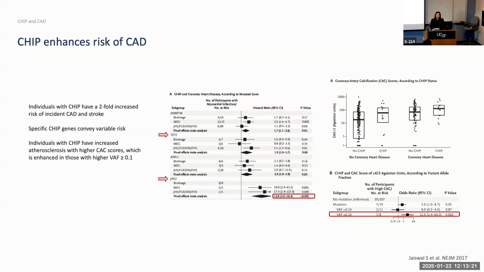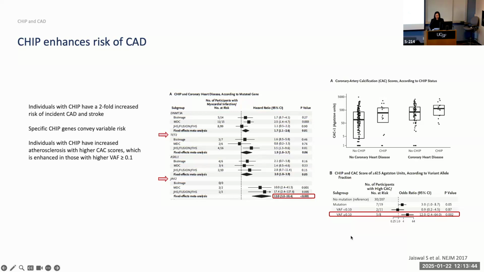We also know that the higher the CHIP burden, or the higher the variant allele frequency, the greater the risk for developing coronary artery disease and stroke as well. This also correlates nicely with the CAC score. When we look at the coronary calcium, we can see the burden of atherosclerosis, and it also gives us some prognostic value for individuals who have a higher score.